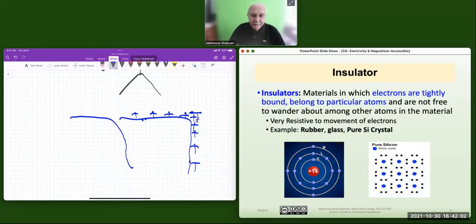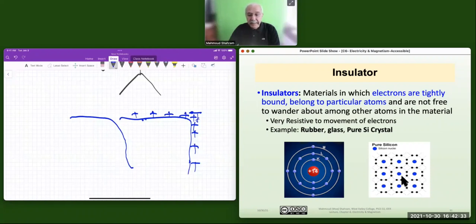And we will see that when you have these 8 electrons, the atom is very happy and doesn't want to do anything. It doesn't want to give up its electron, or take any excess electron. That is an insulator. The electrons cannot move around unless you do something here.